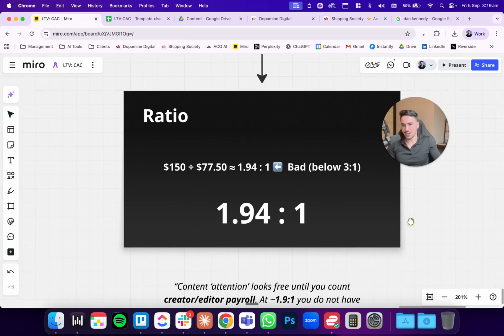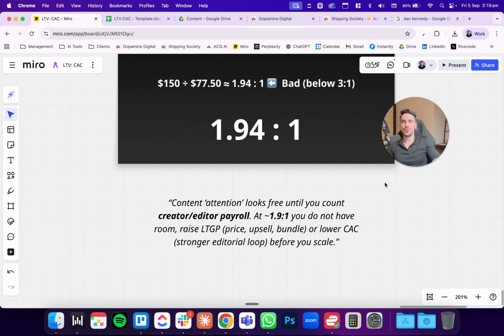And again, content and attention all look free until you start counting in creator hours and how many hours you are spending on a task. It's slightly different when you're creating free content because it's all about branding and the rest of it. But if we're just looking at the numbers here, and you're looking at the editing and all the other stuff that you can outsource, it's not free, right?